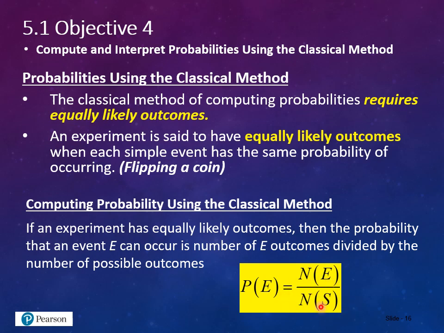Remember, this is what we call the sample space, so the number of members in the sample space. So if we're talking about the probability of the outcome being heads, there's only one outcome, it's heads, and there are only two possibilities, heads or tails. So the actual probability of flipping a coin and getting a head is 1/2 or 0.5.